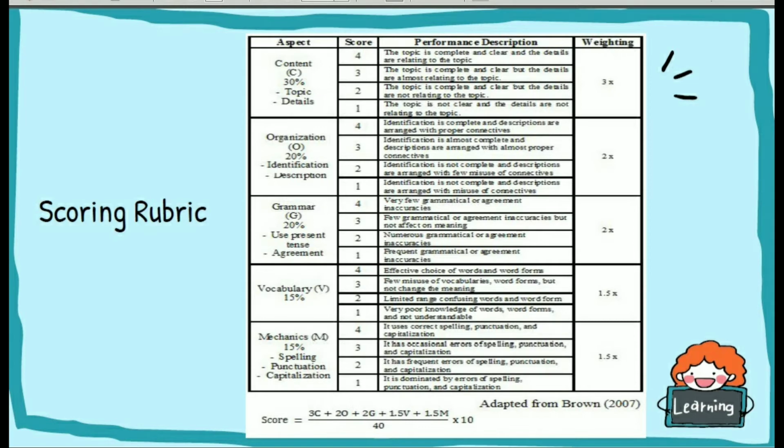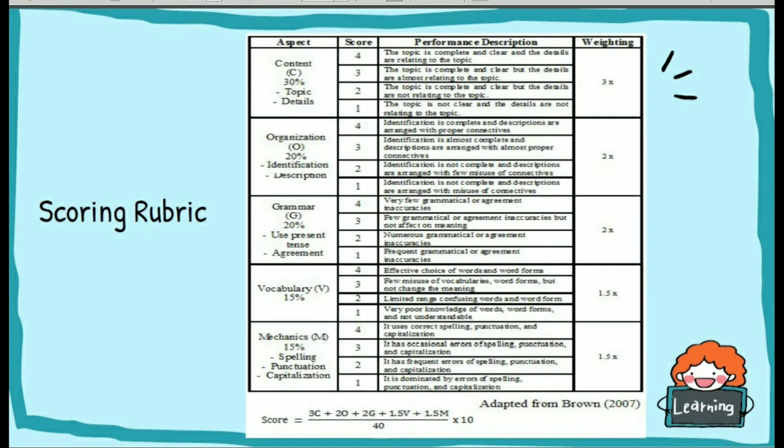Next, there is the vocabulary aspect. Score 4, the performance description for score 4 is effective choice of words and word forms, and for score 3, few misuse of vocabularies, word forms but not changing the meaning.